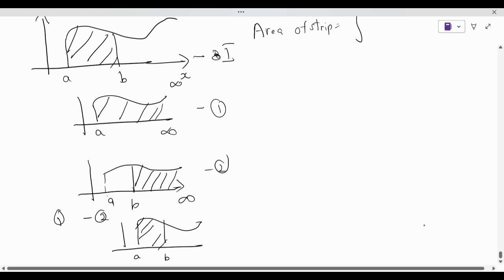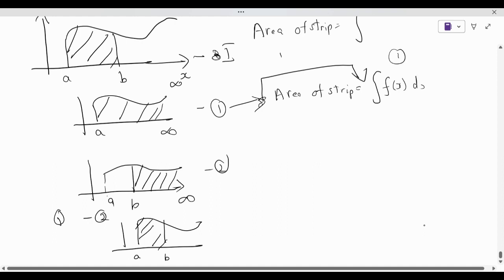So what should I do? Area of the strip is equal to the first curve area minus the second curve area. The first curve area is given by f of x dx, but the starting limit is A, ending limit is infinity, minus the second curve. This is the second curve, f of x dx starts from B to infinity.